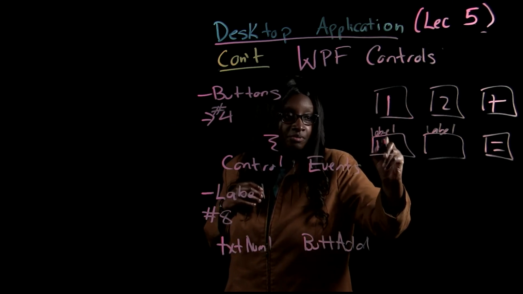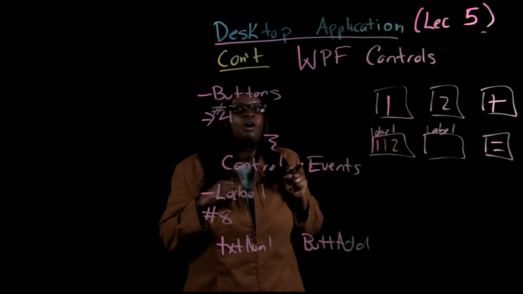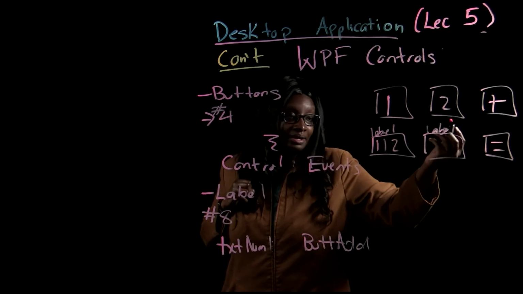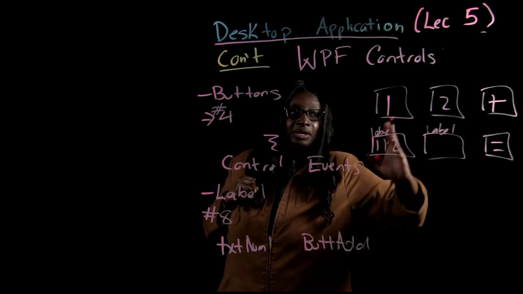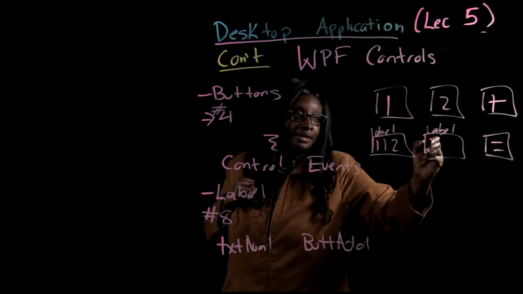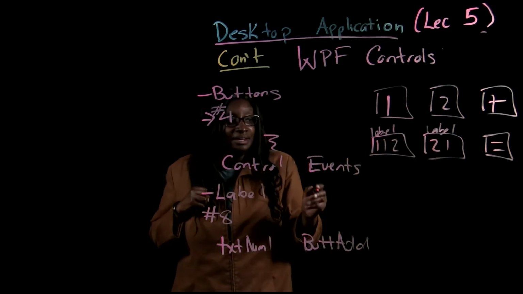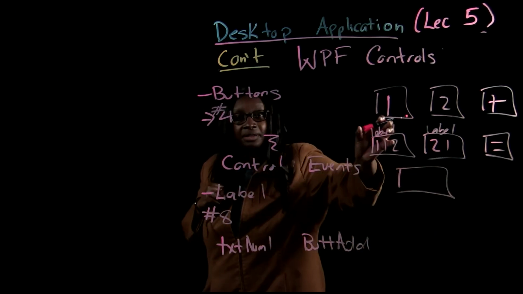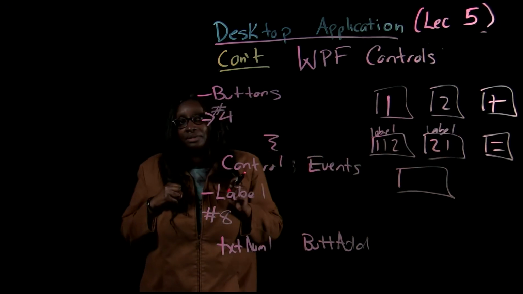So you can have 1, 1, 2, for example, if you just pressed it that many times. And then you have a 2, so you put plus, and at that point you know you want to move over to your other label, and then you can press 2, 1. And then over here you have a final output label that's going to calculate what this value plus that value is, and then print it out to the screen.